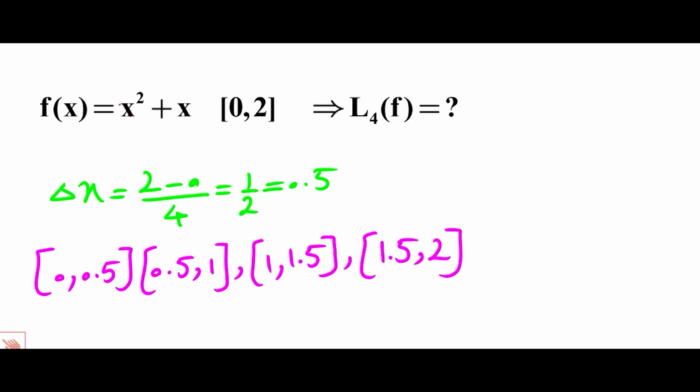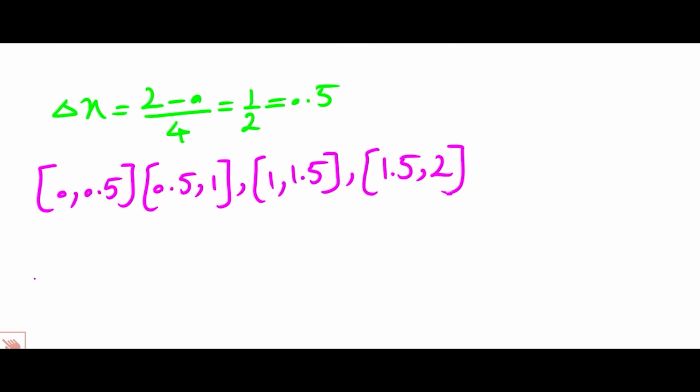And we know that the function f of x equals x squared plus x is increasing on all of this interval, right? Since the function is always going up, the minimum value in any subinterval will always be at the left endpoint.